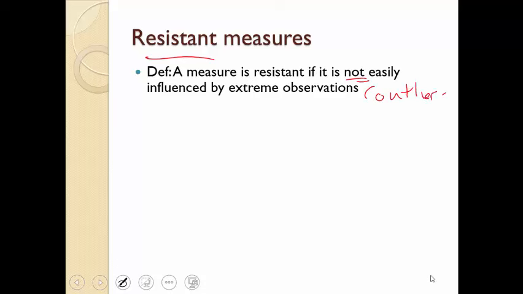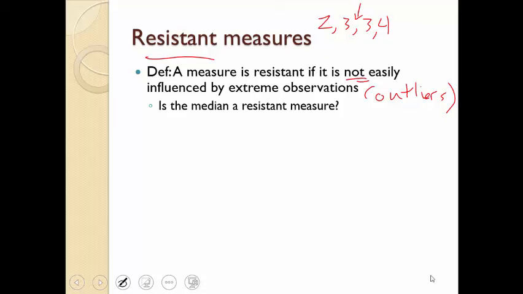Right? So let's think about this for a minute. Is the median resistant? Let's say we have the data set 2, 3, 3, 4. Well, the median here would be right between the 3s, so it'd be 3.